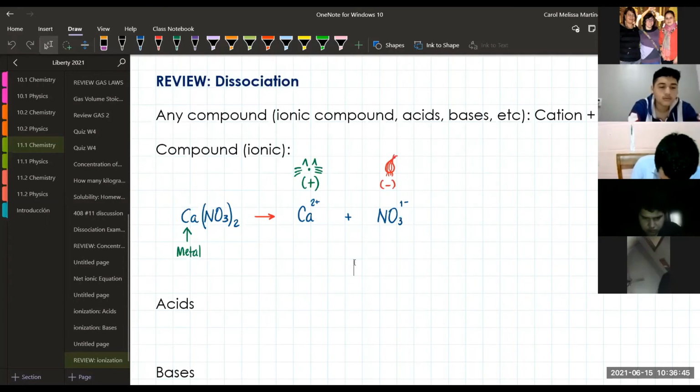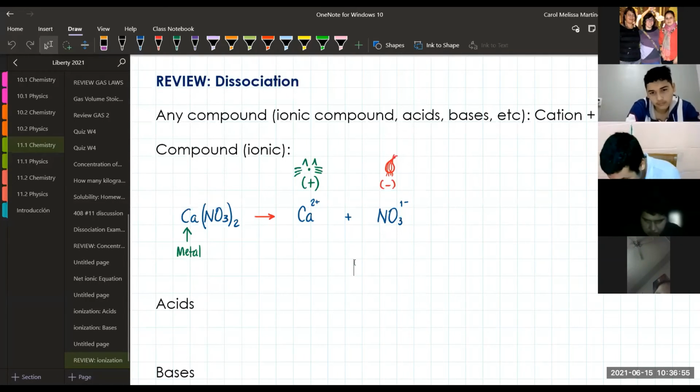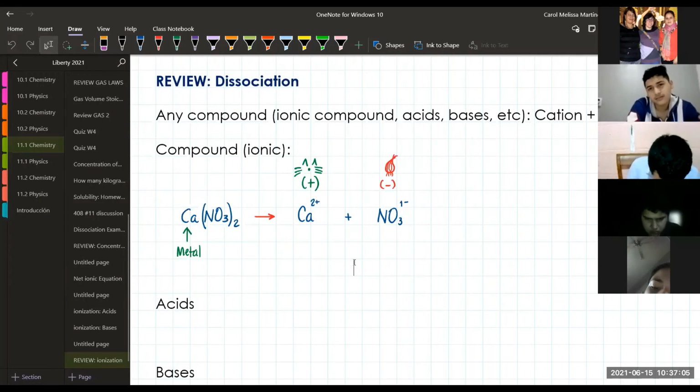Now, all you do is balancing the product. Okay? Here, you have just 1 calcium. So, in the product, you have 1 calcium. So, calcium is balanced. But nitrate, here, as you can see, you have nitrate that is being multiplied times the number 2, which is outside the parentheses.